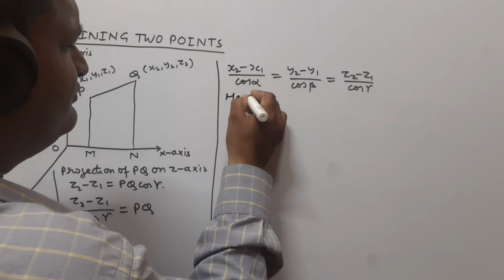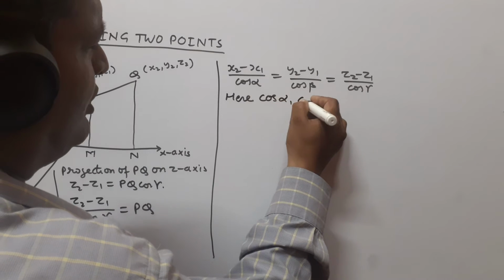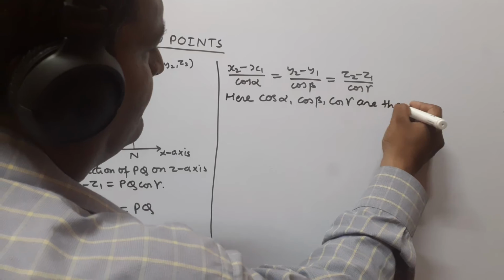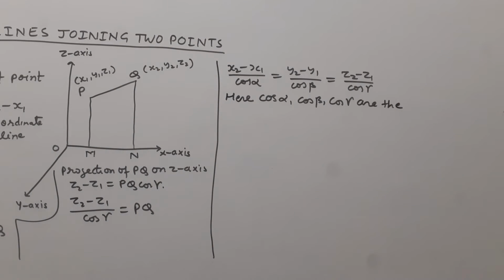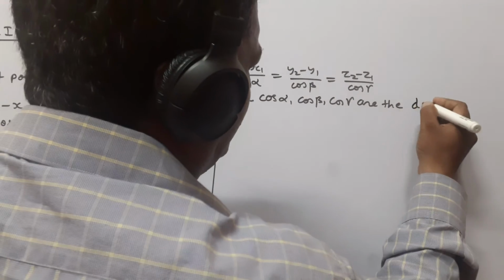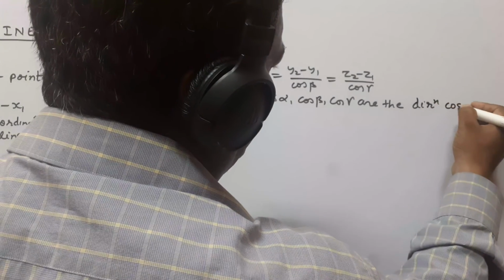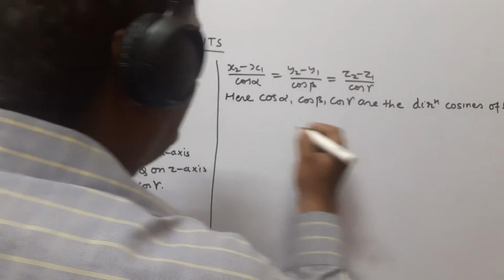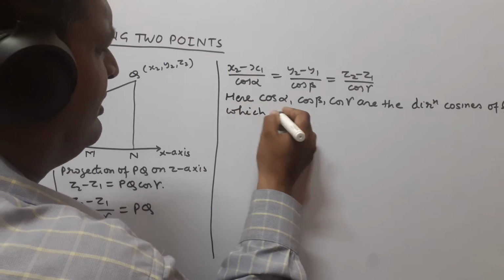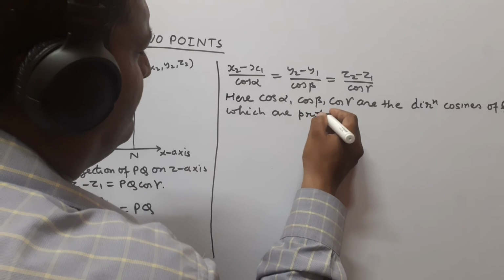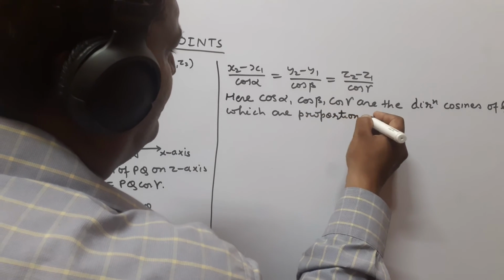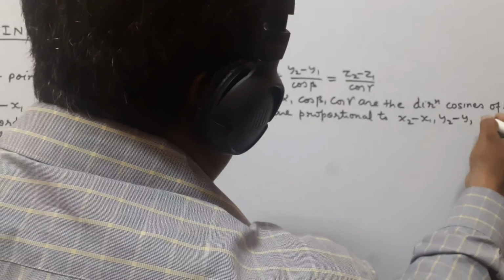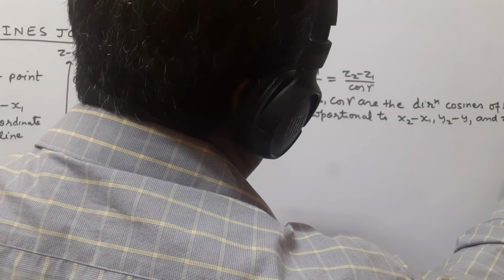Here cos alpha, cos beta, cos gamma are the direction cosines of line PQ, which are proportional to x2 minus x1, y2 minus y1 and z2 minus z1.